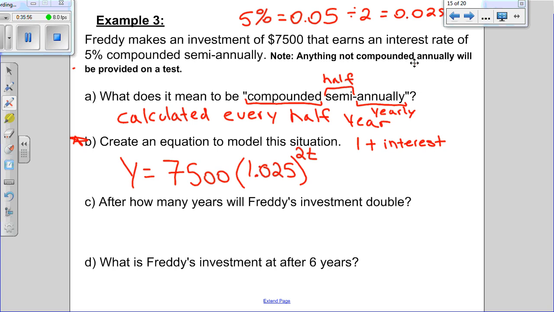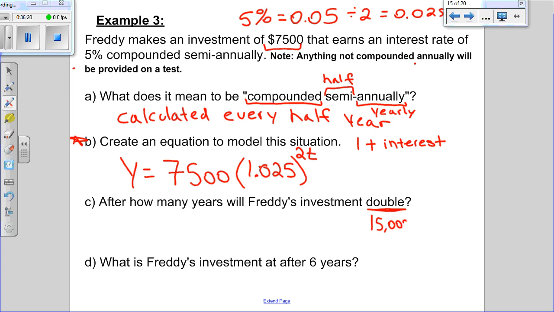So what did he used to have? He used to have 7,500. If you want to double 7,500, that would be 15,000. So they secretly told you that it was 15,000 by using the word doubles. That's very common that they're going to use that terminology.